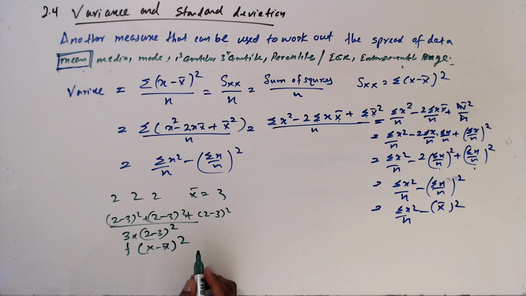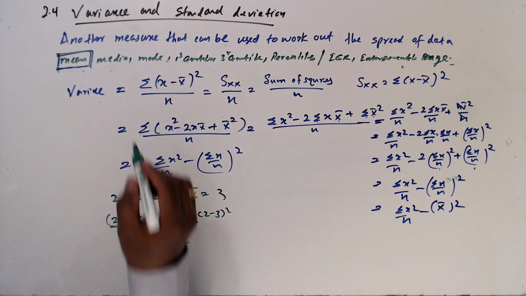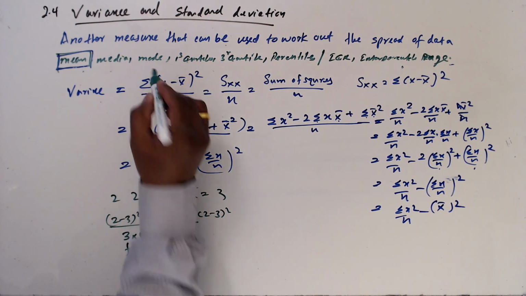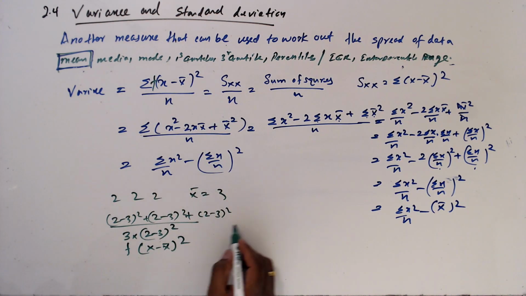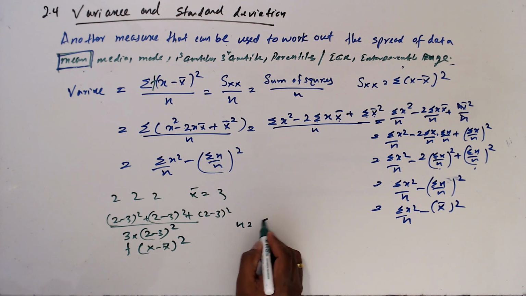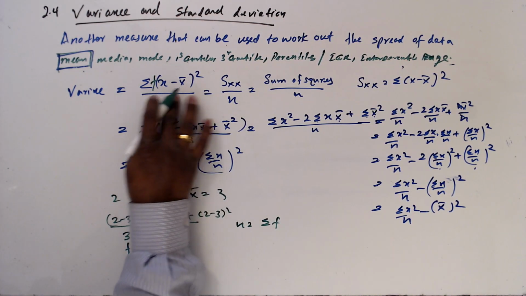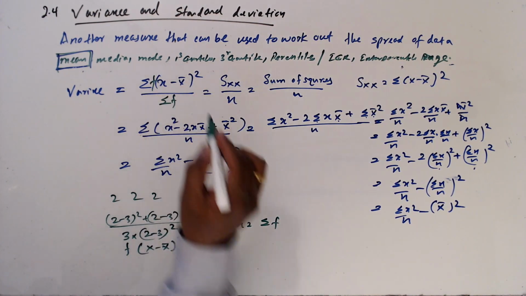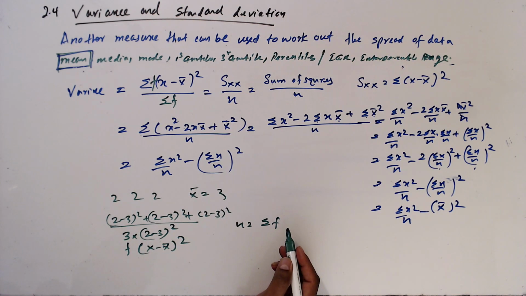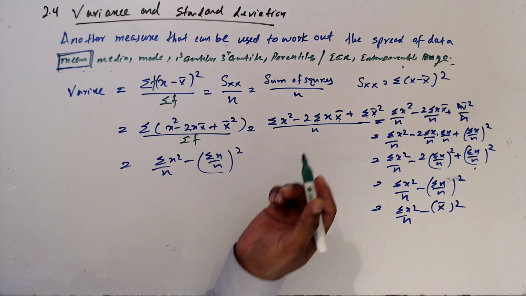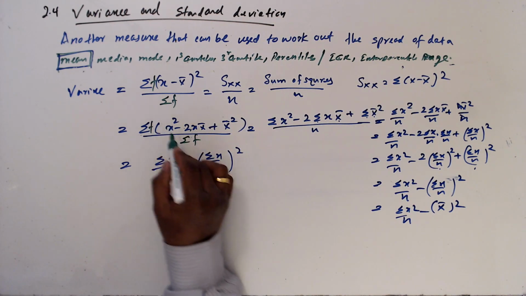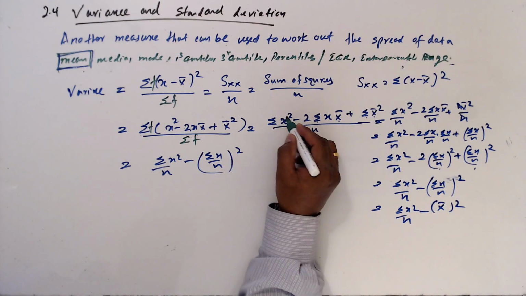It means if there are repetitions like that, we can bring in the f symbol here. Then n becomes summation f. And when you have f, then you will get f everywhere.